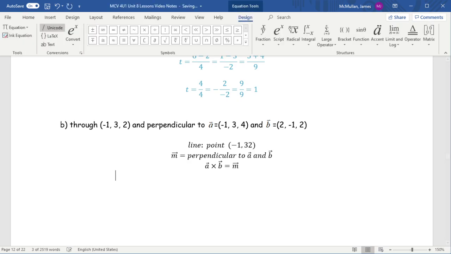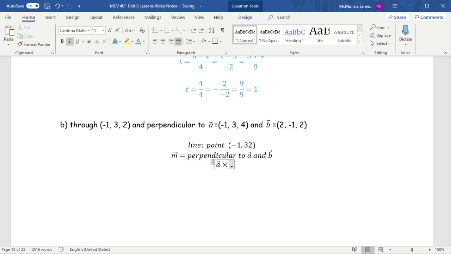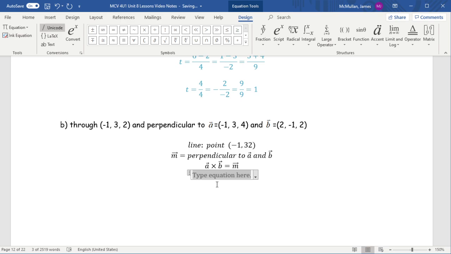So let's see if we can work this out. Let's try and remember our cross product here. Our cross product says we start with the middle coordinate, then the last, then the first, then the middle again. Underneath that, negative 1, 2, 2, and negative 1 again. And now we just go through a series of x patterns. 6 plus 4, right? 8 plus 2, and 1 take away 6.